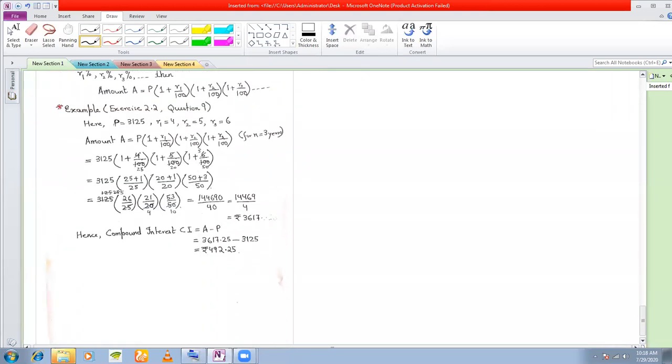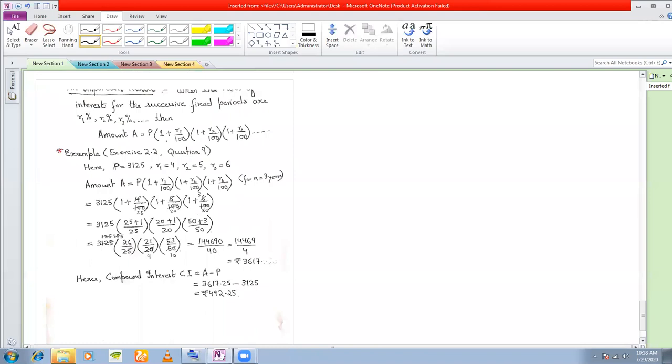Moving on to the next one. This is a very important formula also. This has come in your exam also. That if for different years, if the rates are different. Suppose I invested an amount P, and for the first year, the bank is giving me a rate of R1%, or let's say for convenience sake, let us take numbers.